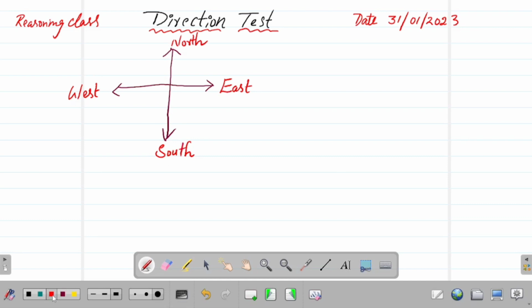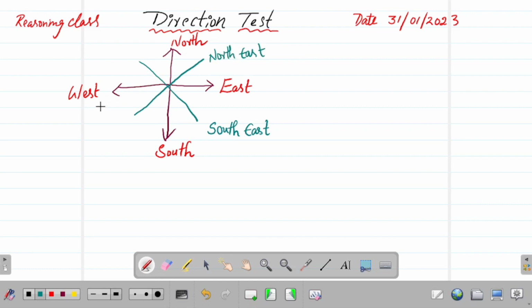So now four more directions are there. What are those? The direction that lies between east and south is nothing but southeast. Next, the direction between north and east is northeast.